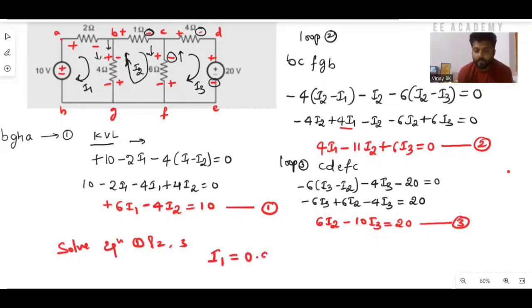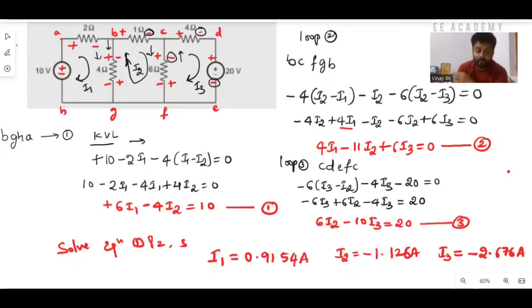I1 is 0.9154 amperes. Similarly, I2 is minus 1.126 amperes, and I3 is minus 2.676 amperes.